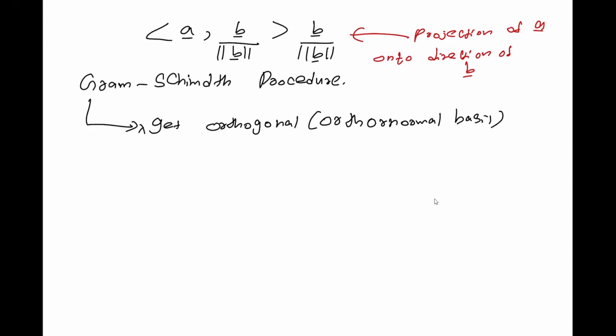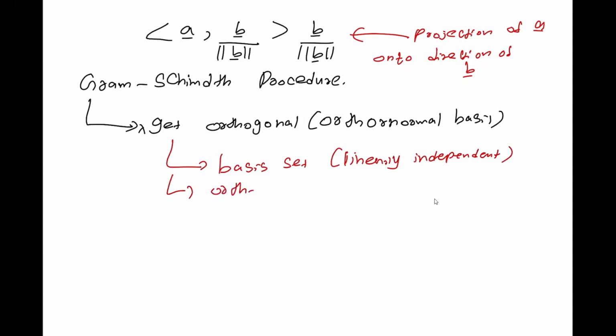An orthonormal basis is nothing but a basis set. We know these vectors are linearly independent, and also these vectors are orthogonal to each other. It means if you calculate the angle between any pair of vectors in the orthogonal basis, the angle between those two vectors is 90 degrees.